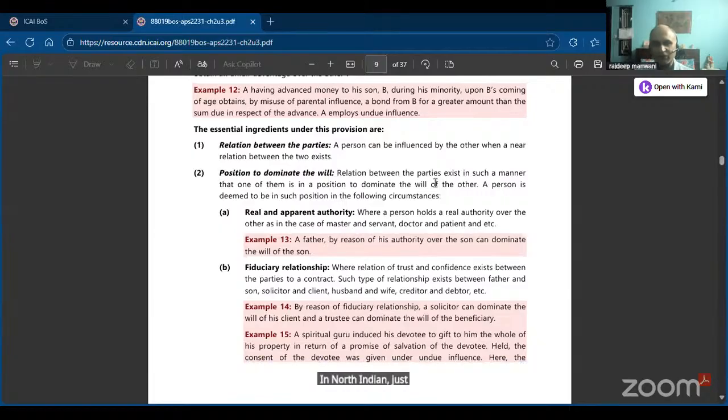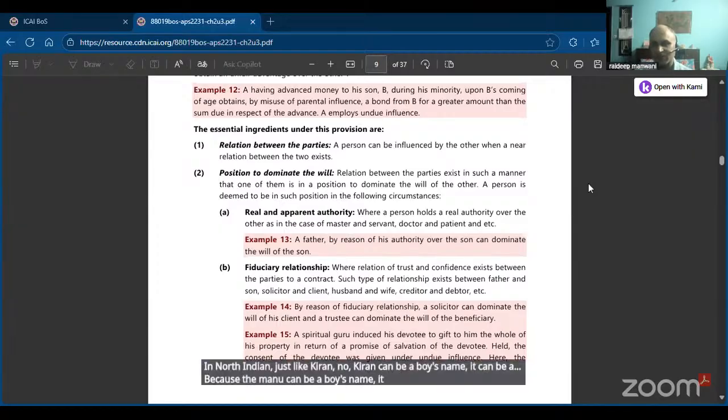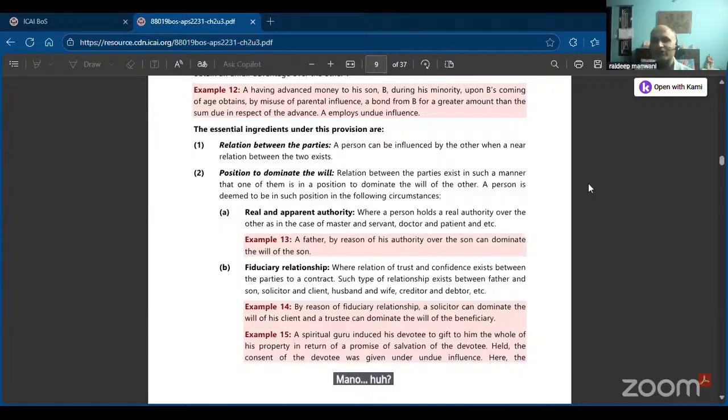Actually, in North India, the short form of Manorama is Manu. So this lady was spiritual, and she trusted her spiritual guru.